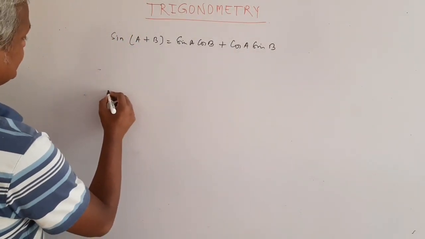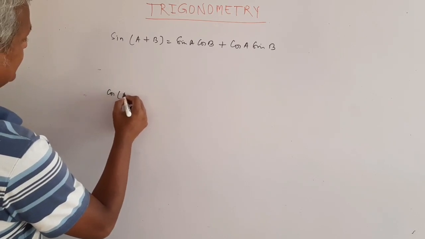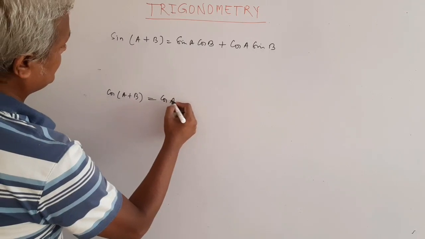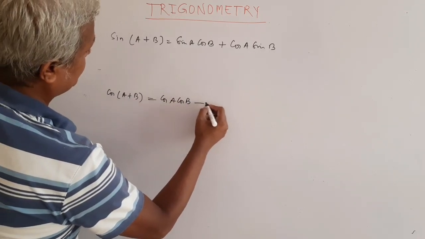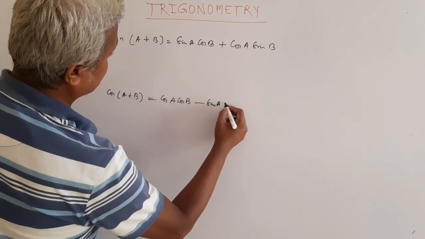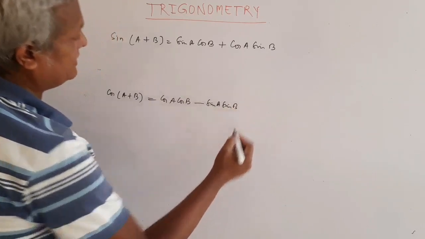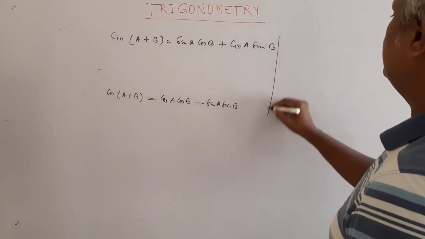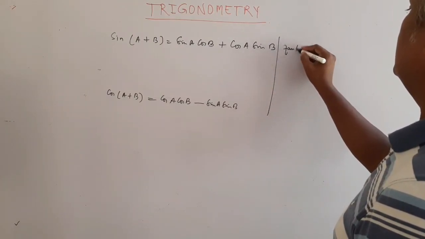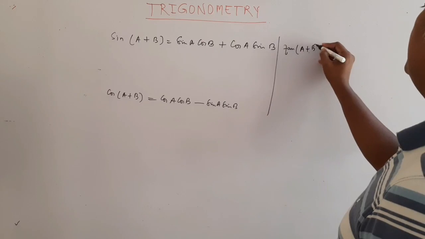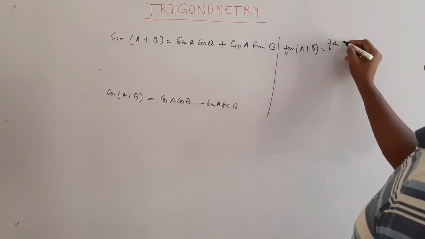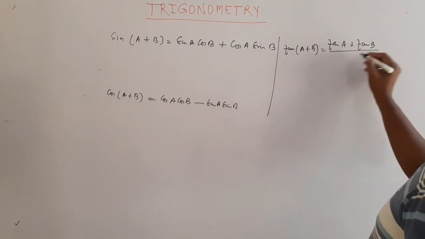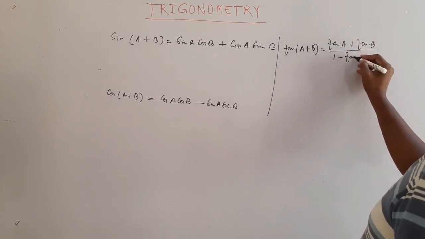Next I am going to write cos(a + b) as cos a cos b minus sine a sine b, and the final one is tan(a + b) as (tan a + tan b) over (1 - tan a tan b).